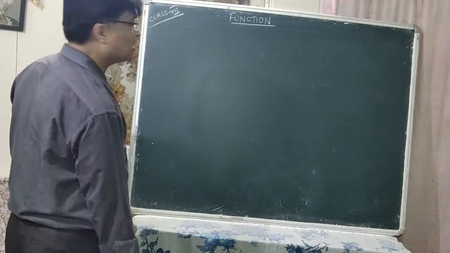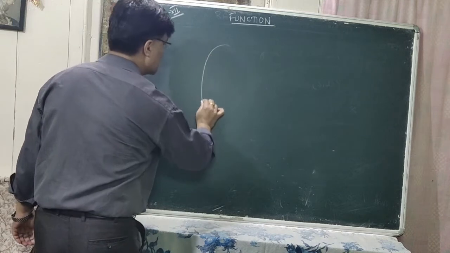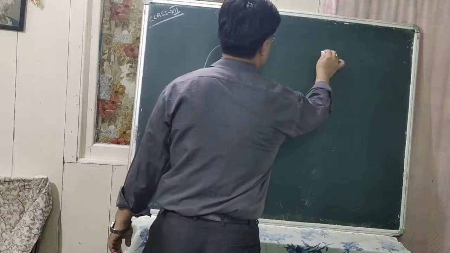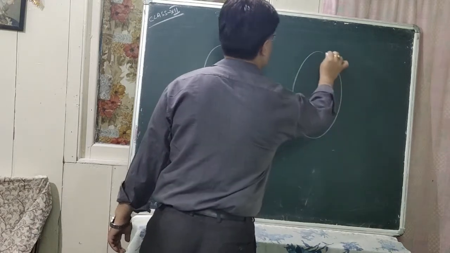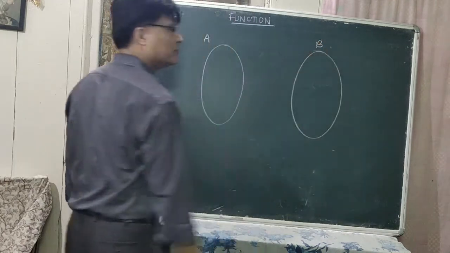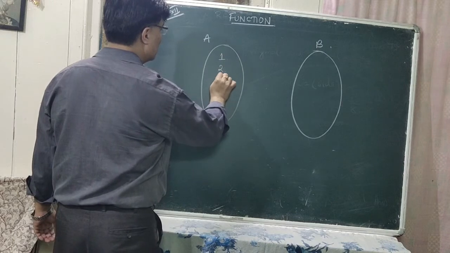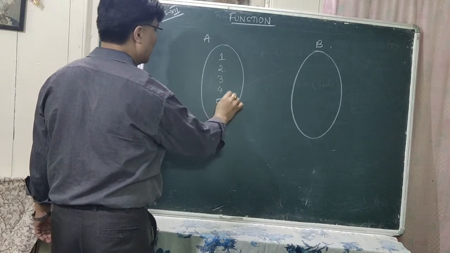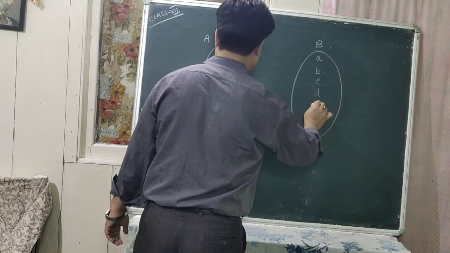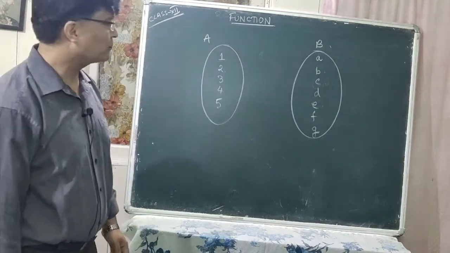So let us take two sets, set A and set B. Okay? Suppose let us draw a diagram. This is set A and this is your set B. Suppose this is 1, 2, 3, 4, 5 and this is your A, B, C, D, E, F, Z, etc. Okay?